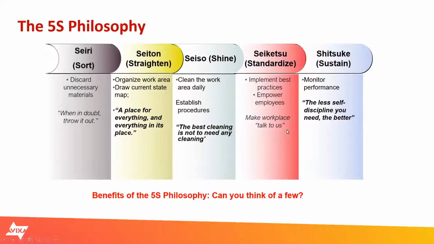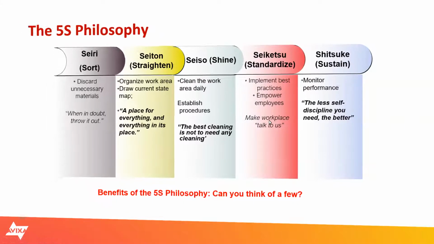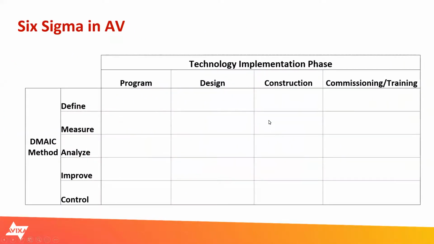It's almost to the degree of being anal, but there's a purpose behind that, because it increases the effectiveness or the productivity of the workers in that space, as well as the ability to be multi-disciplined and move from space to space and know where everything is and how that other person works, because everybody works with that same 5S mentality.